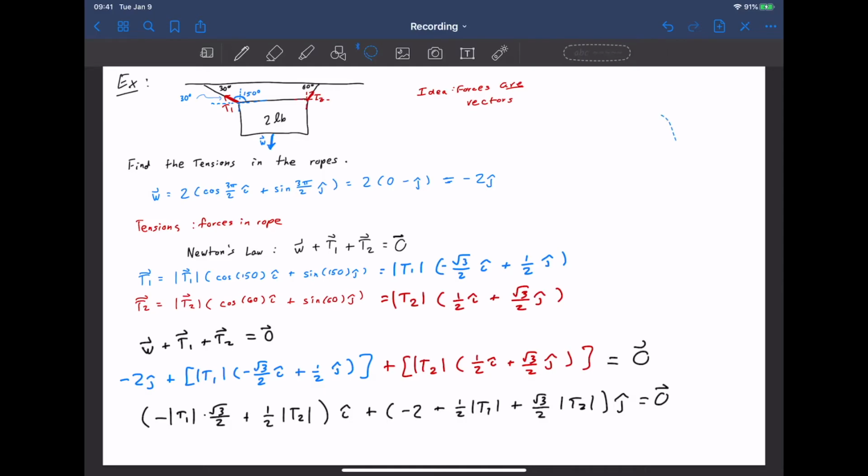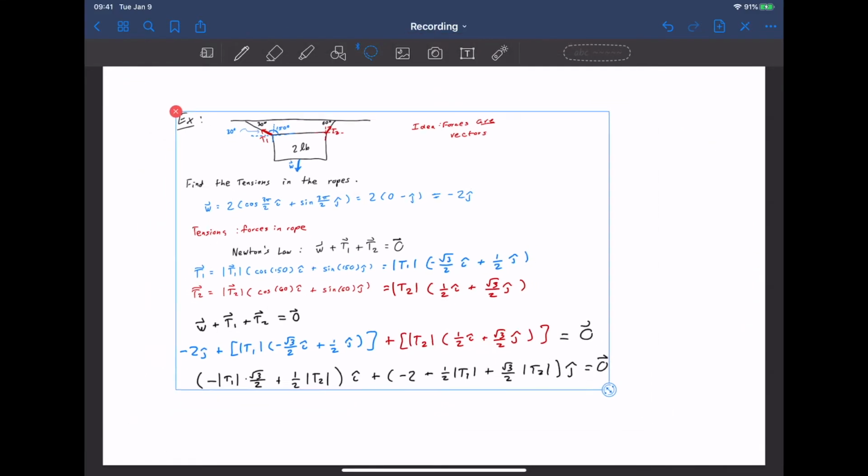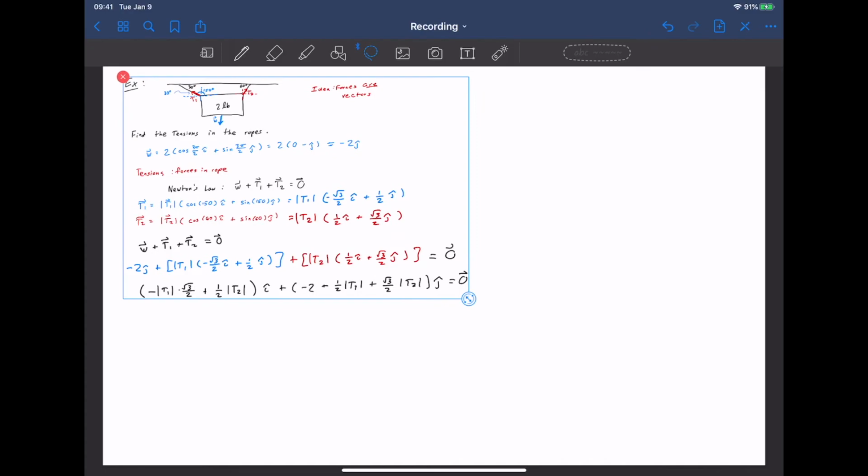I'm going to shrink this, and the 0 vector, for those of you who don't remember, is 0 in both components.